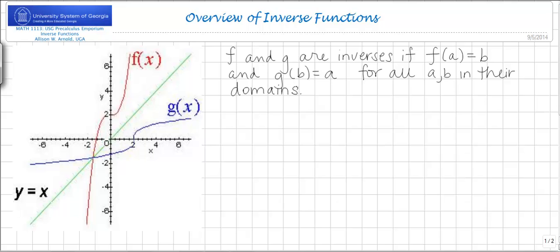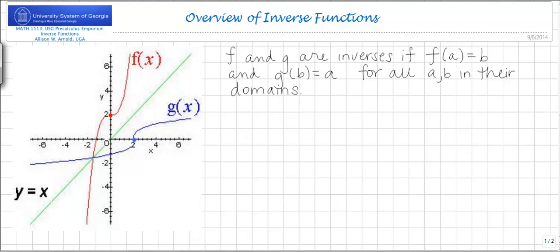Now specifically what that means, if, for example, I take a look here, the graph of f of x has the ordered pair 0, 2. This means that the graph of g of x should have the ordered pair 2, 0.